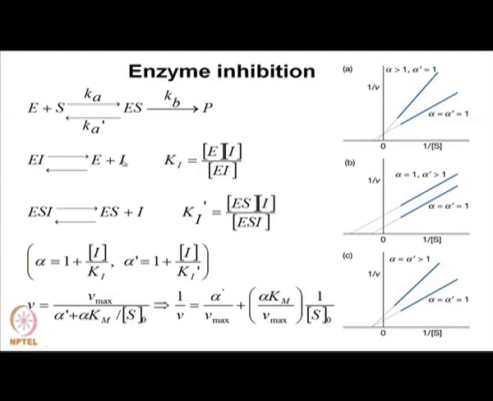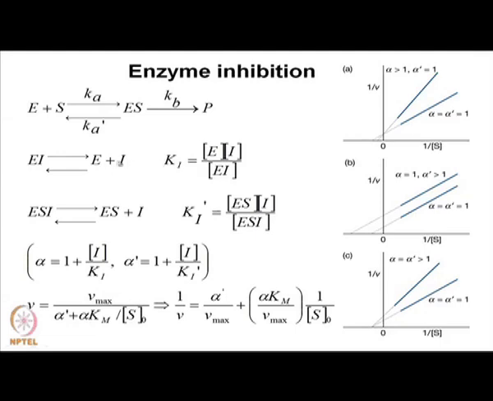This inhibitor may directly bind to the enzyme, producing an enzyme inhibitor complex, EI, giving rise to E plus I and back to EI. So this is one reaction, with KI for the inhibitor dissociation process.